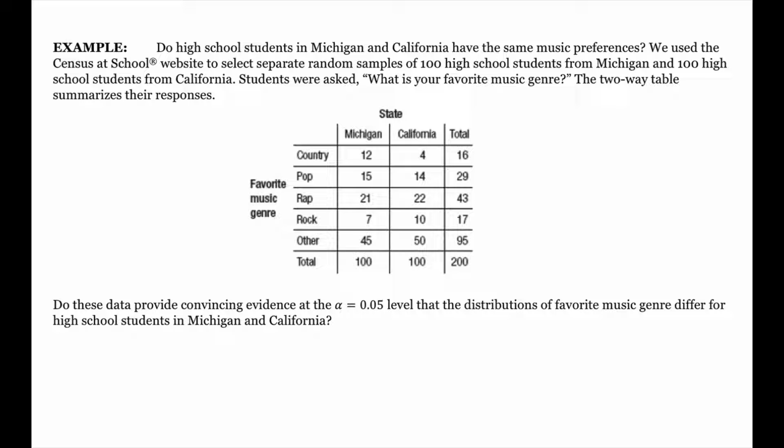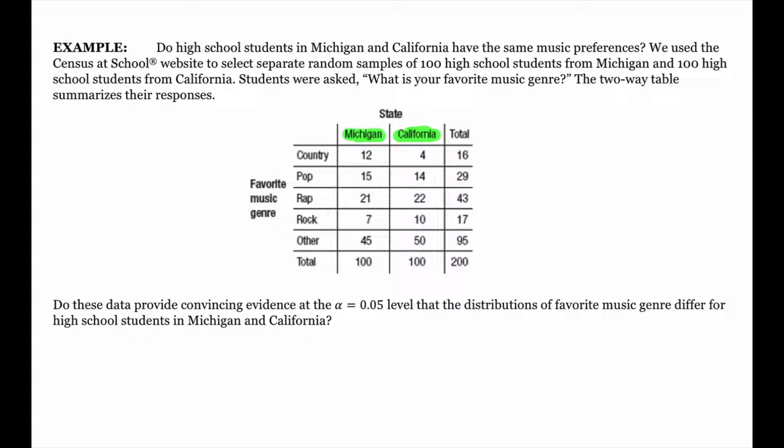Okay, so who are the populations? There you go: high school students in Michigan, high school students in California. The sample is those 100, but the population is all high school students in Michigan and all high school students in California.